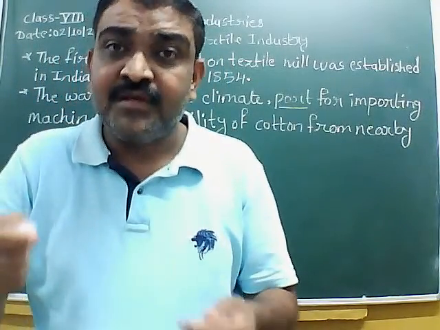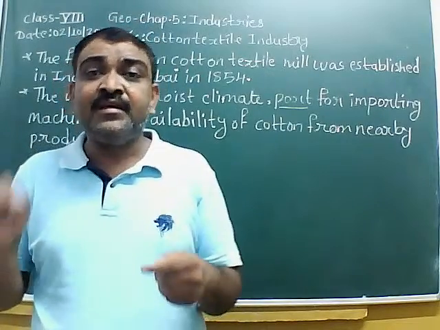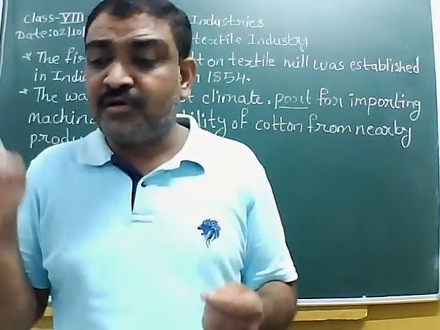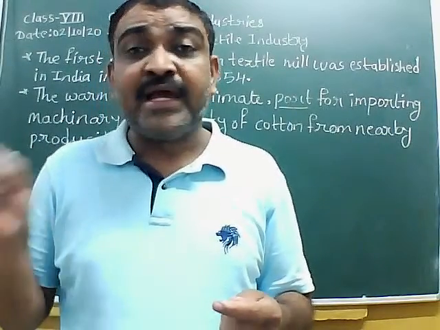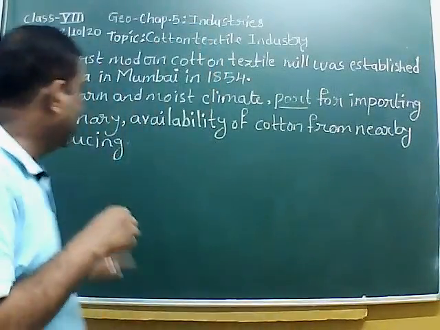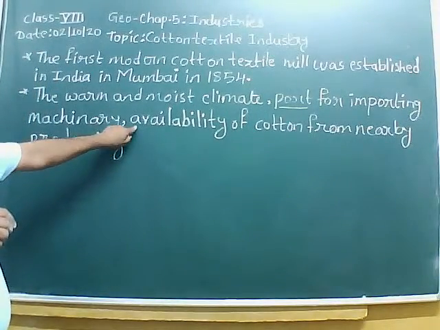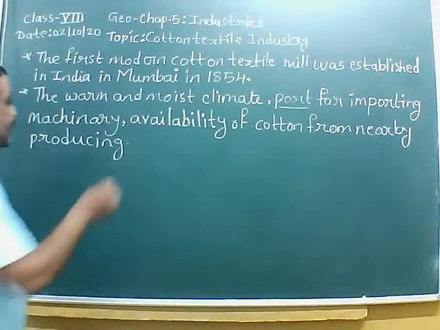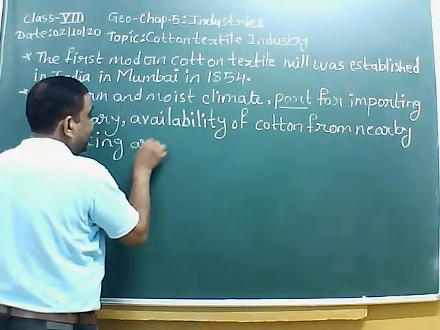Cotton. मुंबई के आसपास के इलाके में कॉटन की खेती बहुत ज्यादा होती थी. Okay, so the raw material was also available in surrounding areas. So that is the third advantage, availability of cotton from nearby producing area.